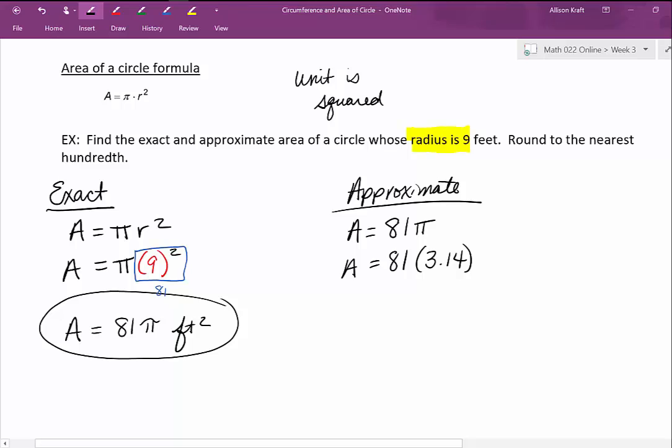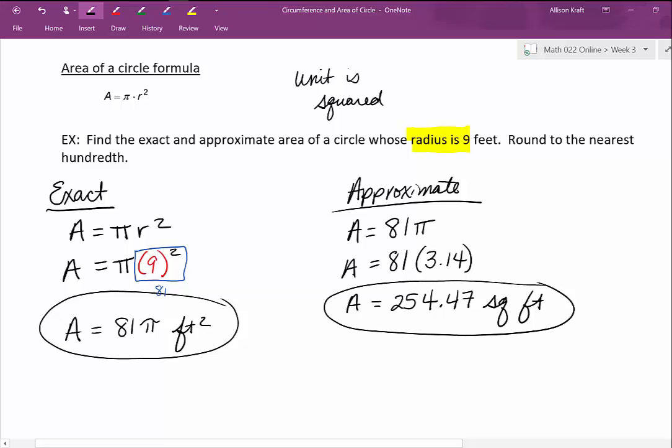That's even better. Plugging that into our calculator, we get the area to be 254 and 47 hundredths. Also the unit, square feet. I used the other notation this time just to show you the difference. It means the same thing, square feet or feet to the second power.